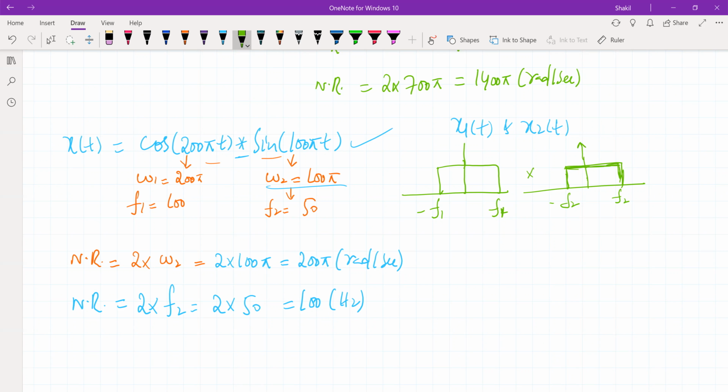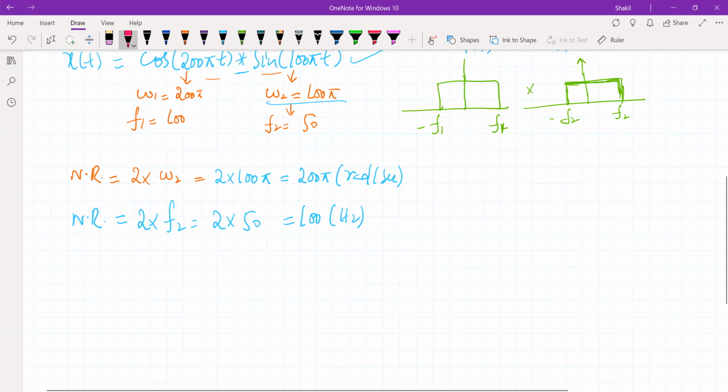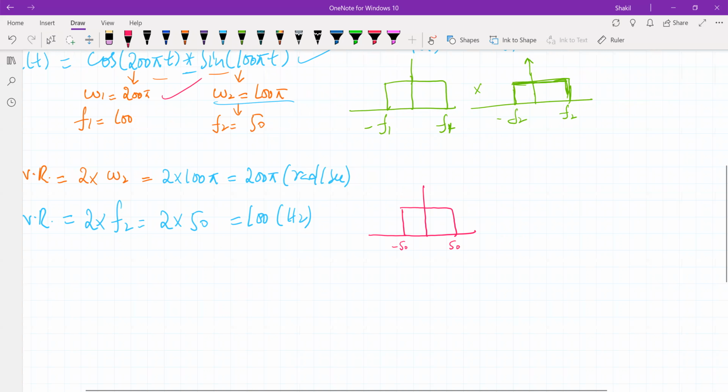So if two signals are convolved in the time domain, the frequency that you select for the Nyquist rate will be the minimum one. Although the spectra of the two signals are different, let me take an example. Suppose one signal has a spectrum varying from minus 50 to 50, and another has a spectrum from minus 100 to 100.